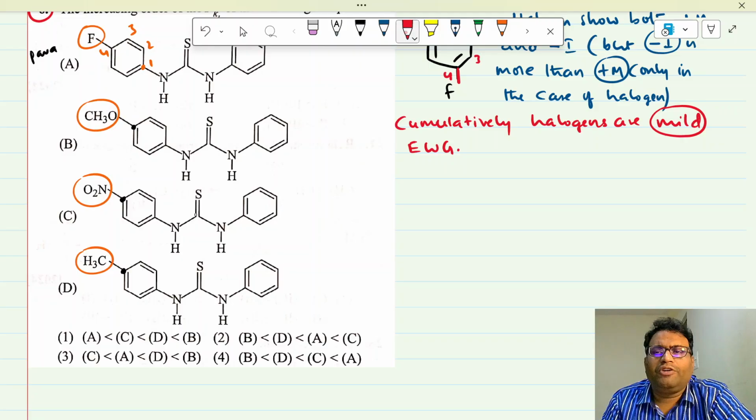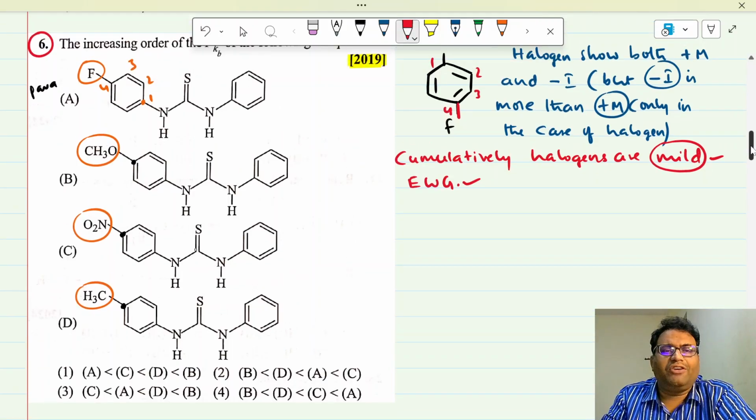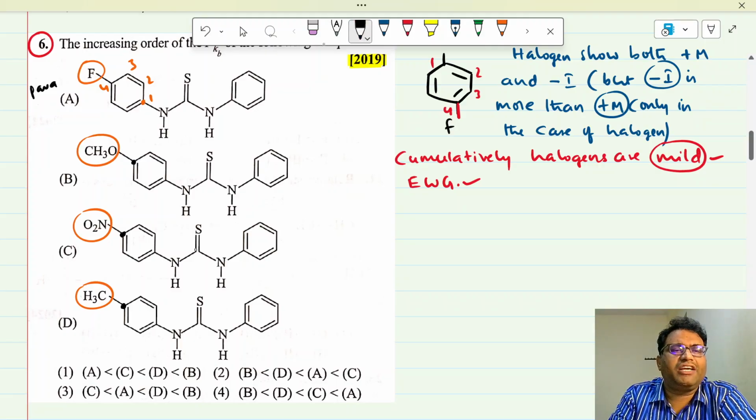Cumulatively, taking minus I and plus M into consideration, as minus I is greater than plus M, we say halogens are mild electron withdrawing groups. So F is a mild electron withdrawing group.